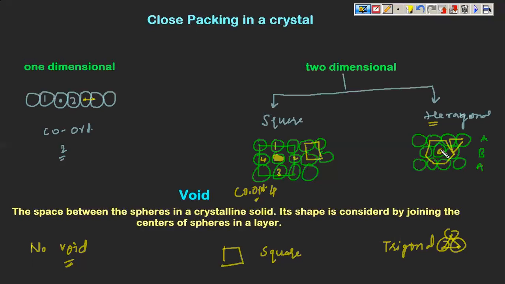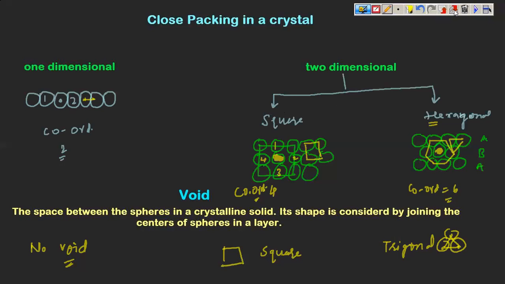In hexagonal close packing, this is your reference particle. It is attached with 1, 2, 3, 4, 5, 6 different particles, so the coordination number is 6 here. The coordination number in one-dimensional close packing is 2, in square close packing 4, and in hexagonal close packing 6.